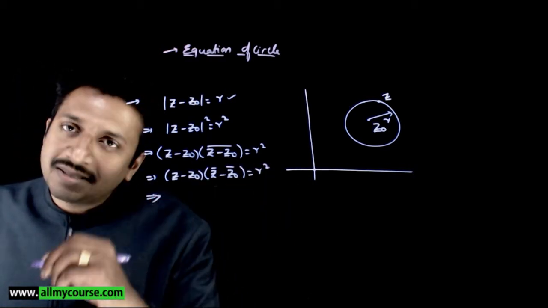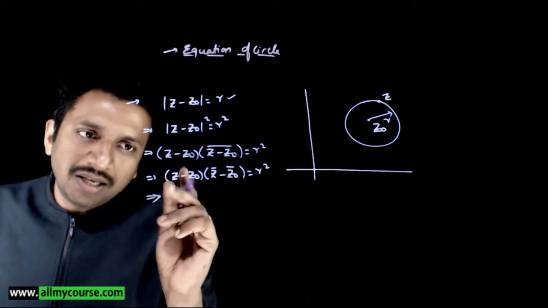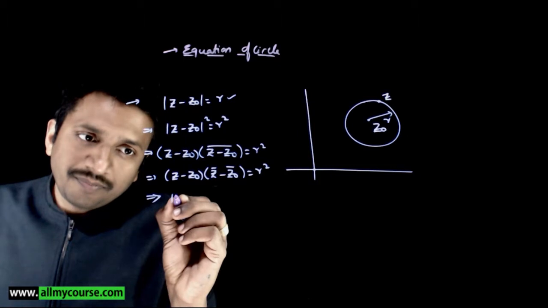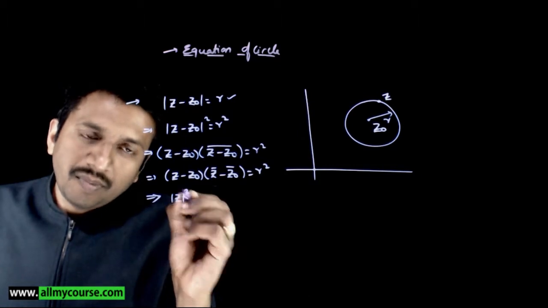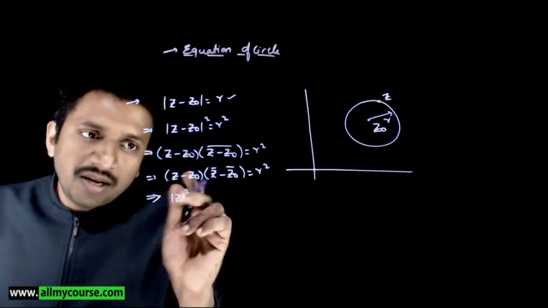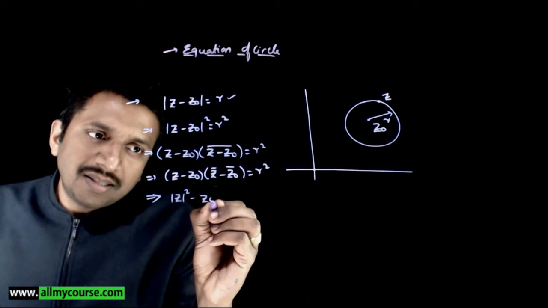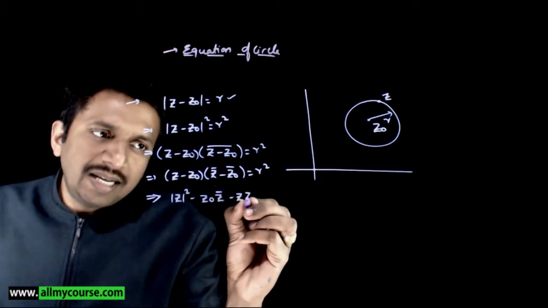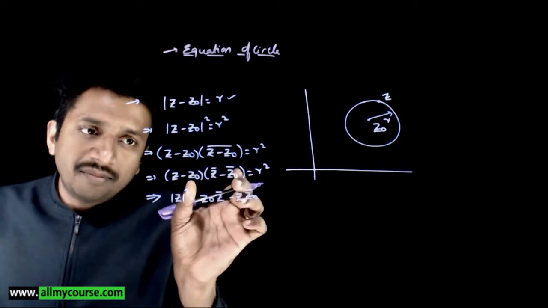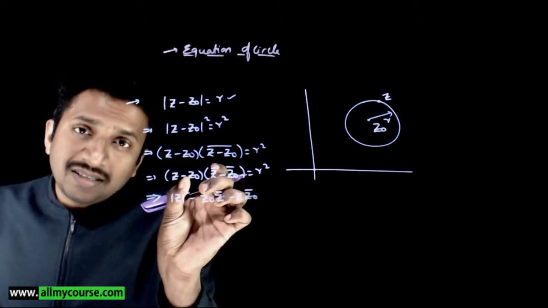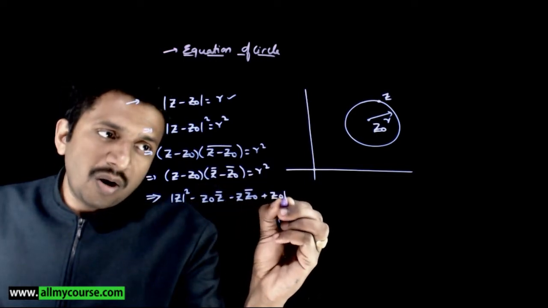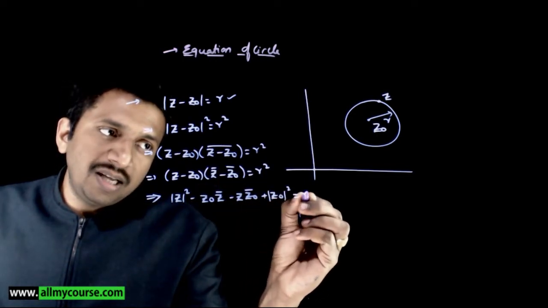And this implies, if you do the multiplication, Z times Z bar is mod Z whole square, minus Z times Z0 bar, minus Z0 times Z bar, plus Z0 times Z0 bar which is mod Z0 whole square, is equal to R square.